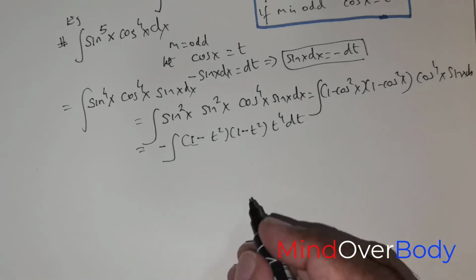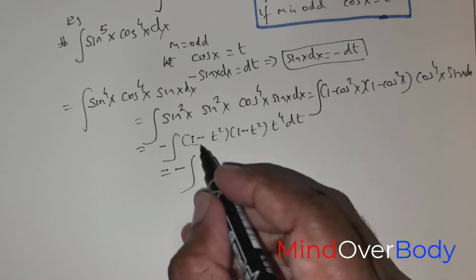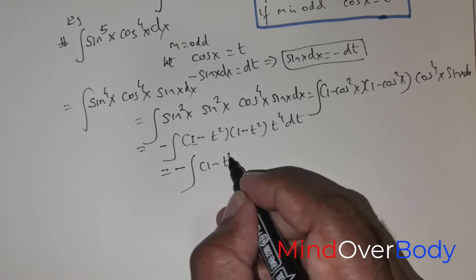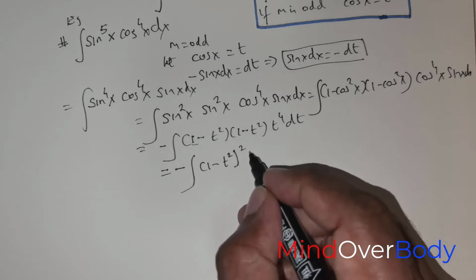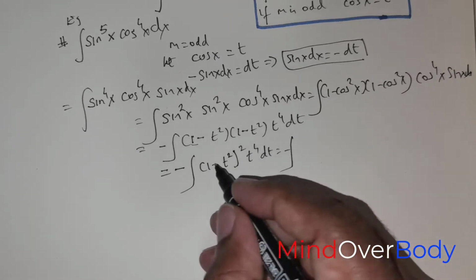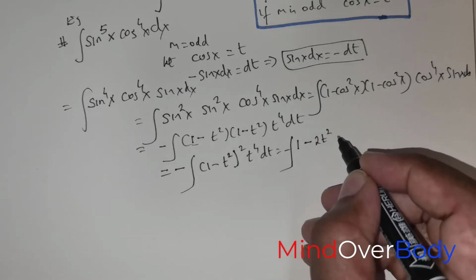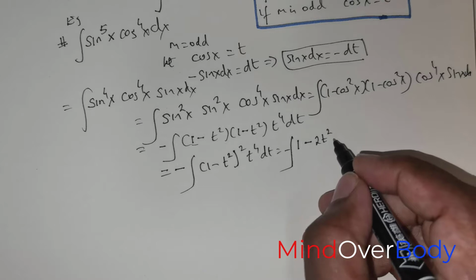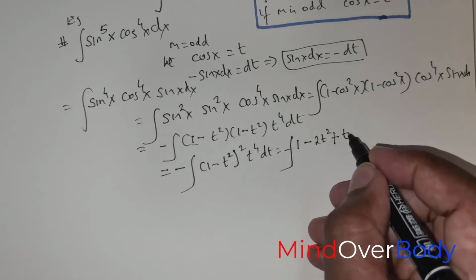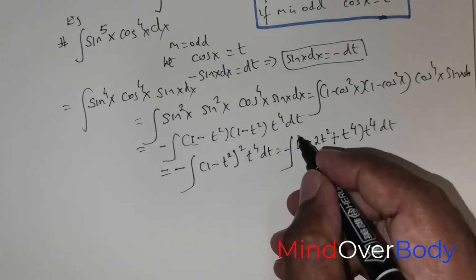So we will have to make the simplification. Now this is nothing but integral of 1 negative t squared raised to the power of 2 times t power 4 times dt, which, if I expand this, is 1 negative 2 times t squared positive t raised to the power of 4, times t raised to the power of 4 times dt.